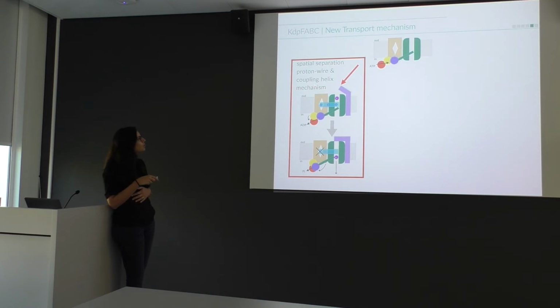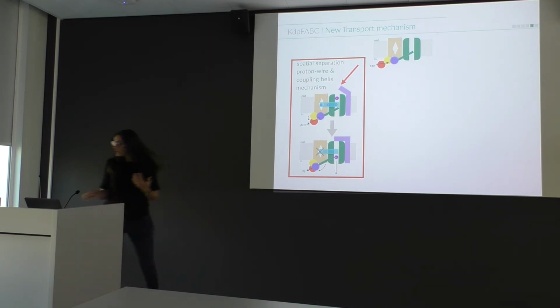What was proposed is that you have this tunnel, which others already found, so that potassium binds in the selectivity filter. This difference in charge is sensed by this proton wire, induces conformational changes, and these conformational changes pull on this loop. Voila, we have the channel open, and somehow this thing then just tips over and closes the gap.